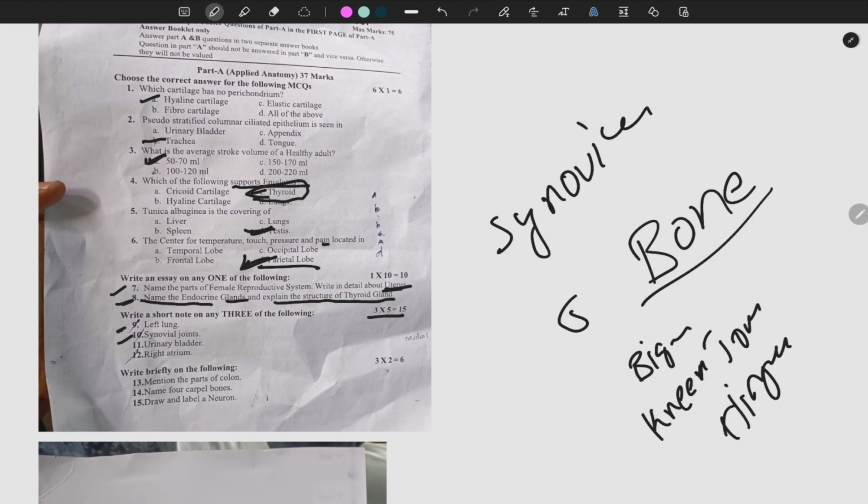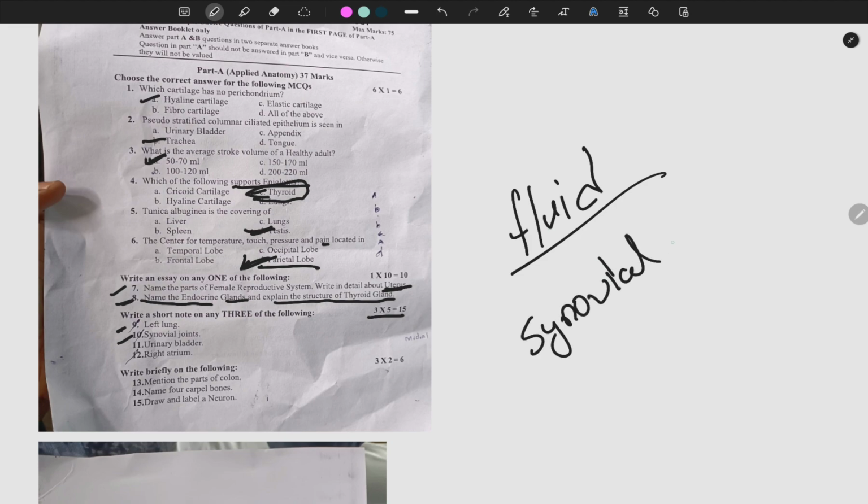What is the difference between a synovial joint and other types of joints? For the synovial joint, fluid is present between the two bones, in the cartilage, in the synovial capsule.